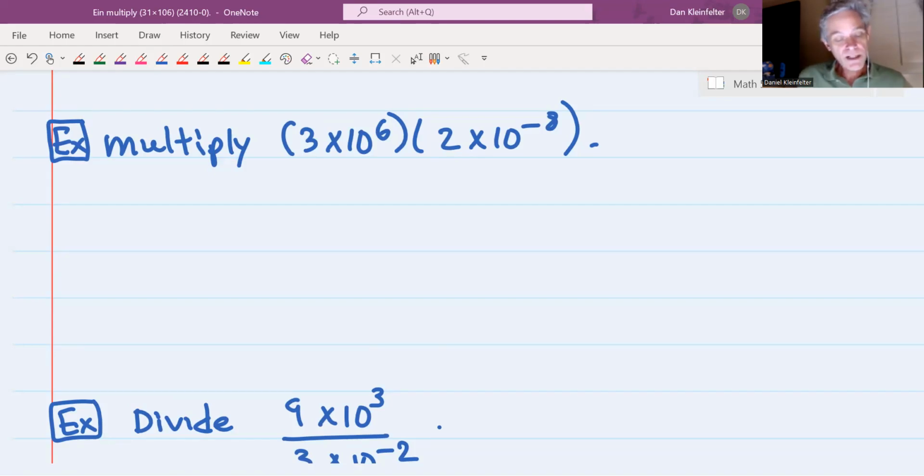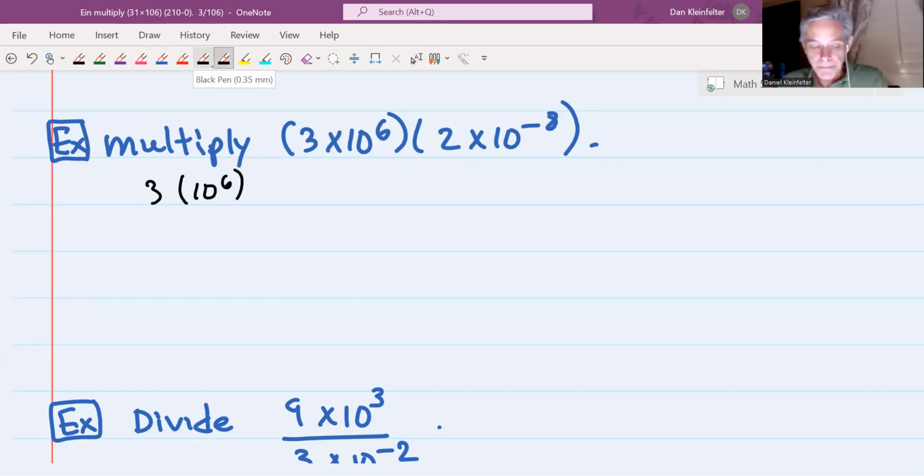So here, if we're going to multiply 3 times 10 to the 6th power times 2 times 10 to the minus 8 power, we can use the rules of exponents that we learned to help us with this. For this one, since it's basically our first one, I'm going to show the steps. 3 times 10 to the 6th power, I'm going to write this the way that we normally would write multiplication, by putting it next to something in parentheses and eliminating that cross sign.